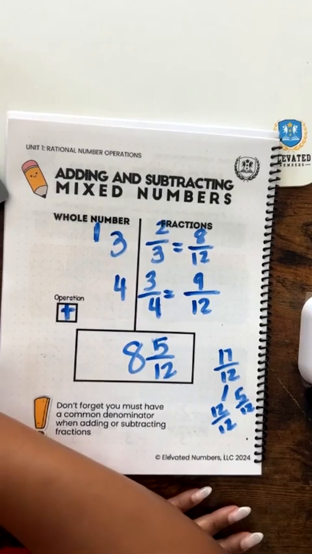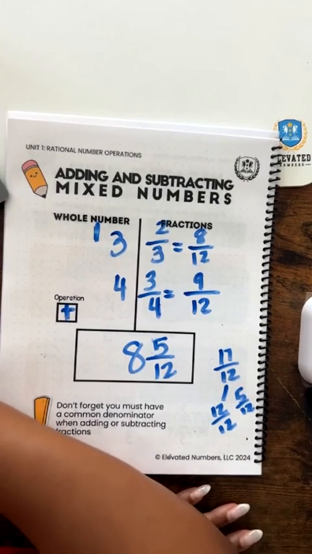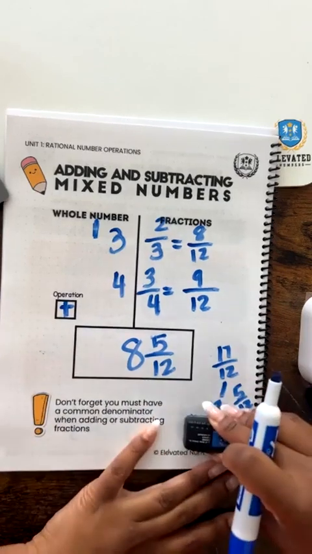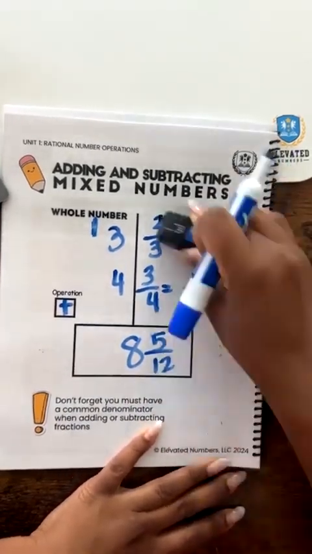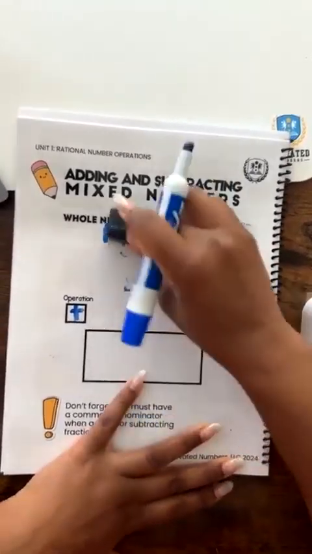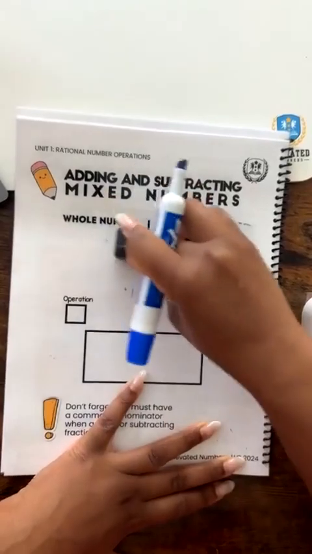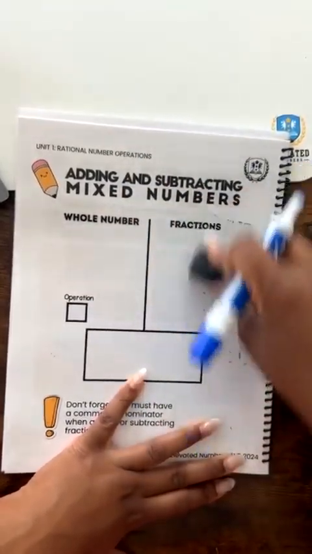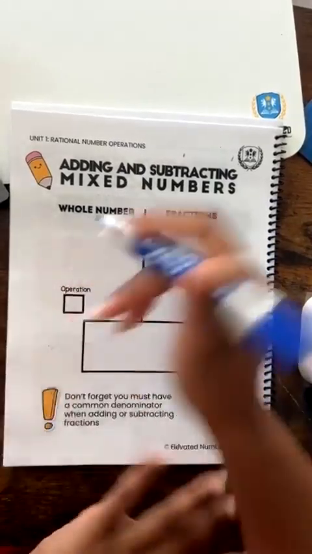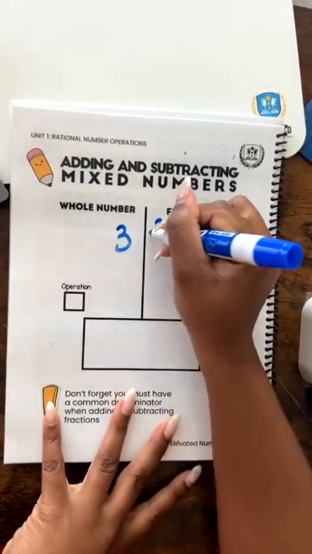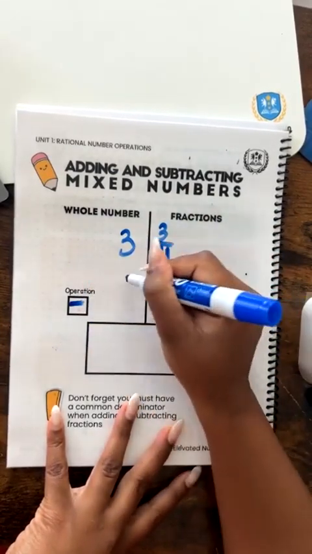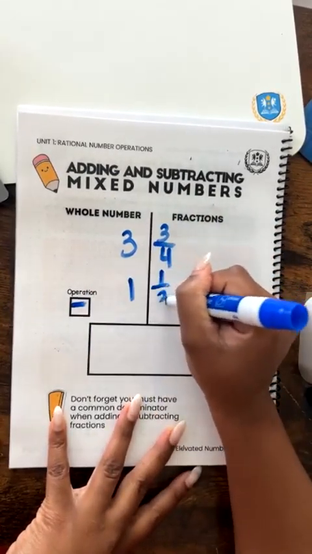We did 3 examples together. We did all adding. So let's do one more with subtracting. All right. So our next problem is 3 3/4 minus 1 1/3.